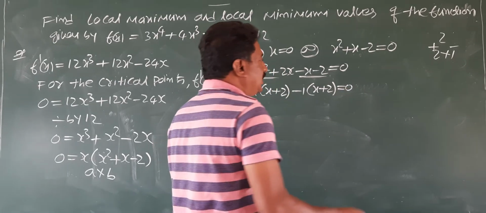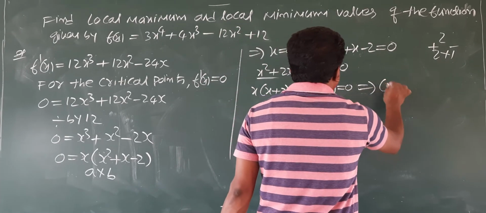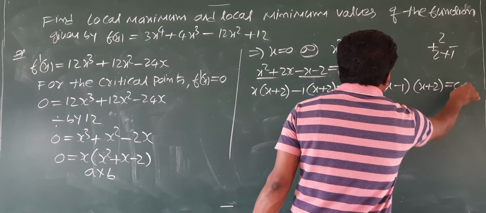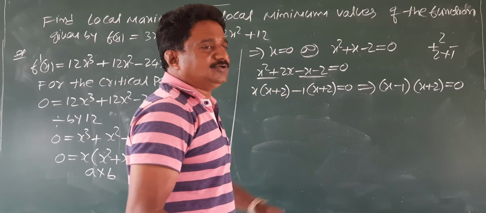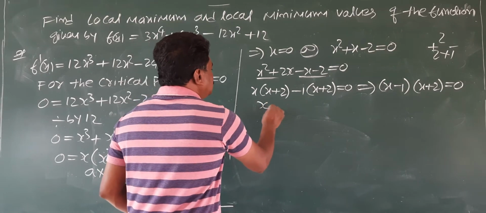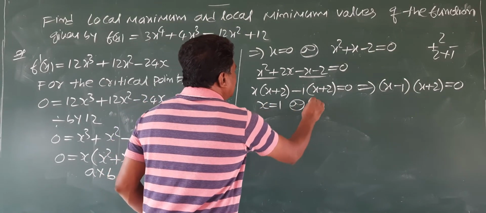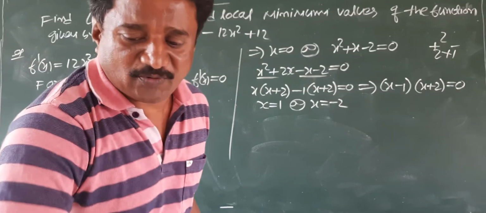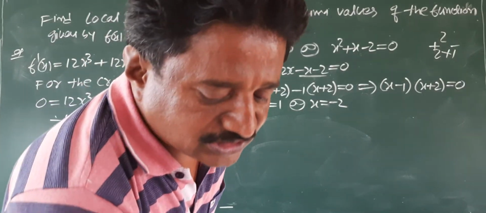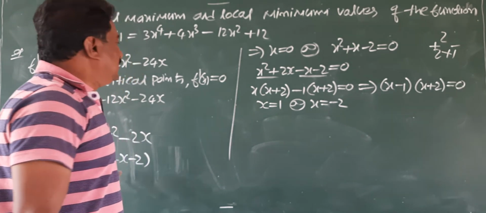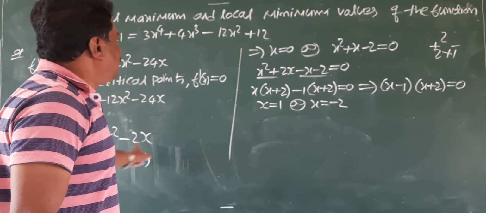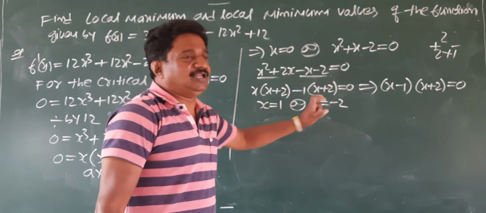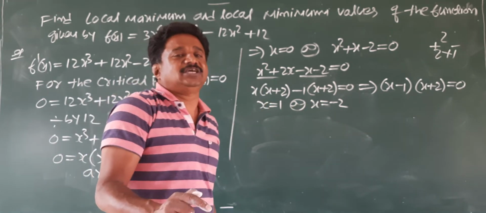The factors are x minus 1 into x plus 2 is equal to 0. So tell me what are the values of x, students? x is equal to 1 or x is equal to minus 2. Here we are getting 3 critical points: 0, 1, minus 2. Now let us go for checking.